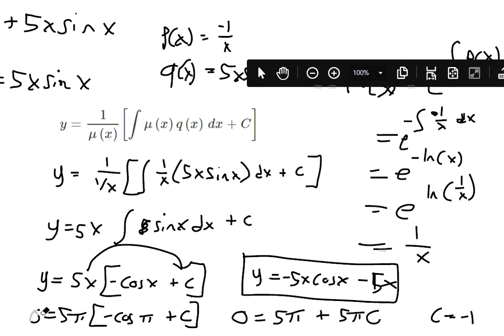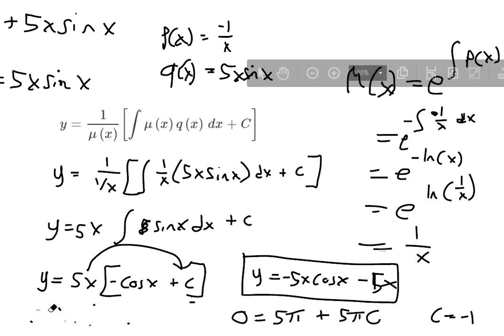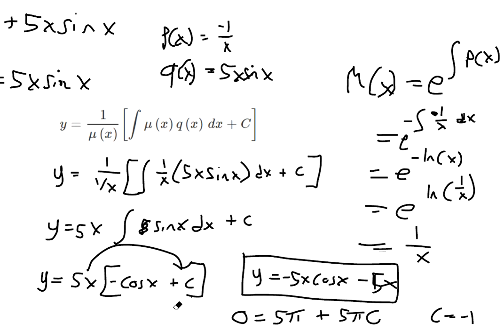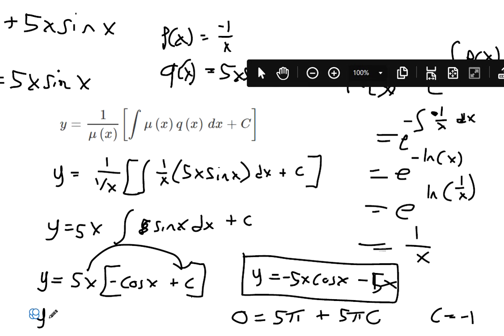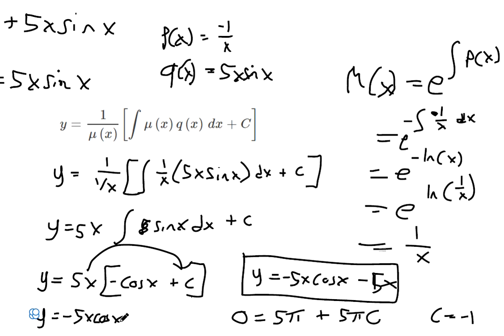It's just getting too lazy. What I should have done is rewritten y. So this is y equals negative 5x cosine x plus 5x times c, and then we plugged in the initial value information. We got negative 1 for c, so that's why this is the final solution here.